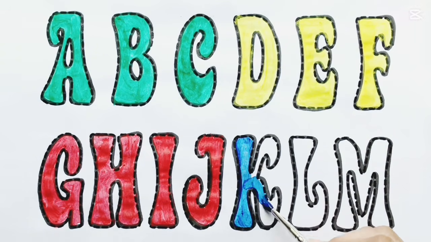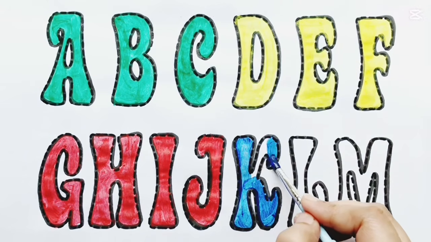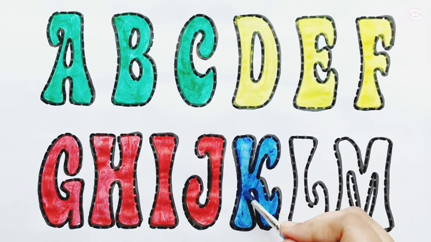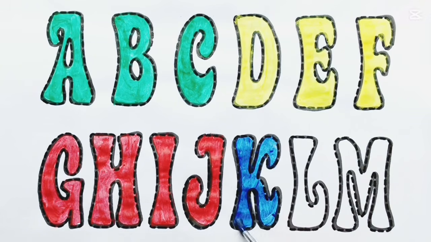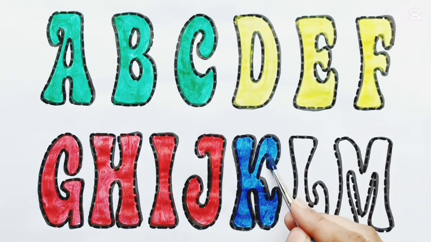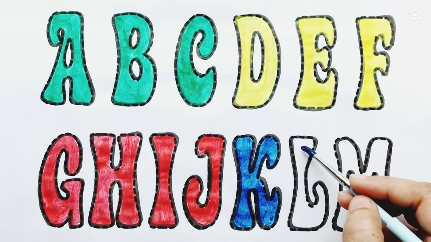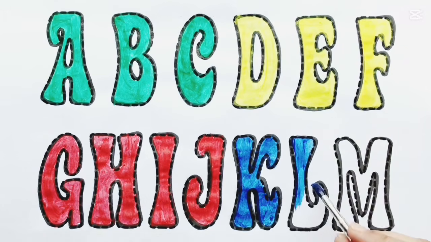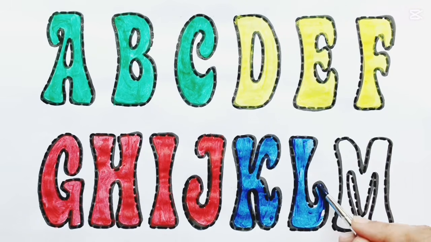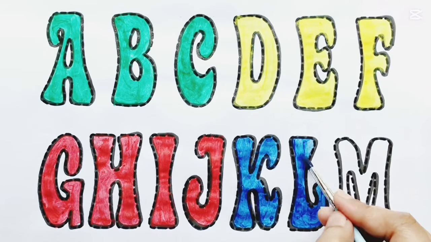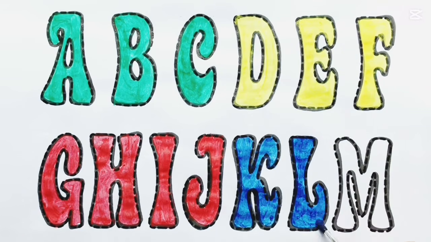A, B, C, count the rhythm and 1, 2, 3, we're singing all together. Let's see a list of words that start with A. L for lion. Apple, angel, address, animal, answer, April, autumn, ambulance, airplane, arrow.